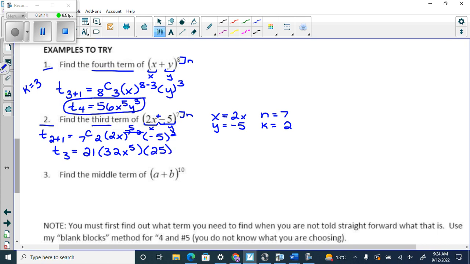You have to watch yourselves with the negative signs, because sometimes you'll have a negative sign, sometimes a positive sign, and they'll have the alternatives to them if you mess it up, as the oopsies. Okay, what's 21 times 32 times 25? 16,800. So that's term 3. Box it.